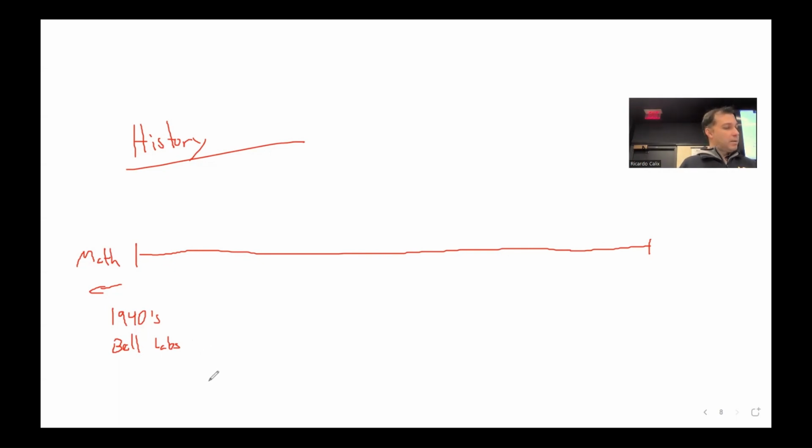But again, going back to neural nets, two important people are Rosenblatt. Rosenblatt is the person that created the perceptron, which is the algorithm that we're going to discuss this week. The perceptron is kind of like the first neural network.